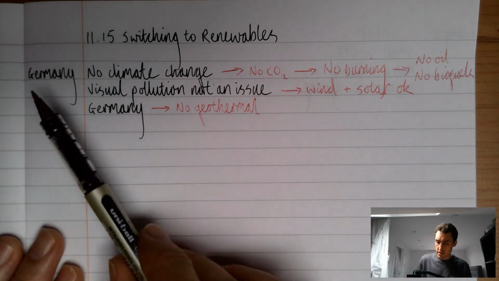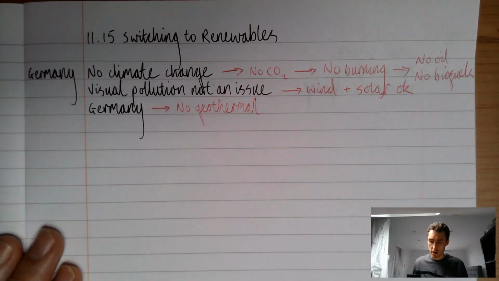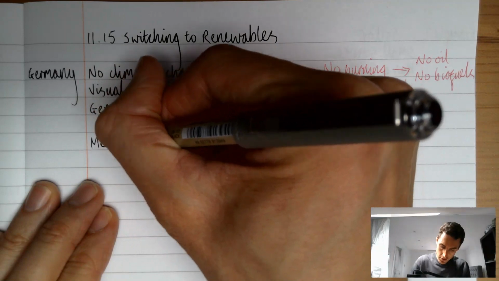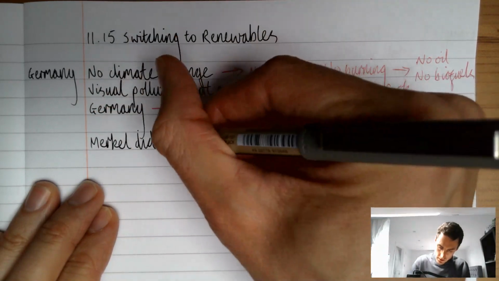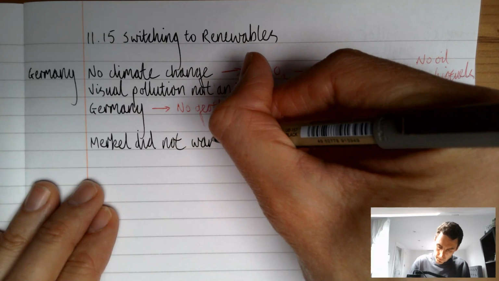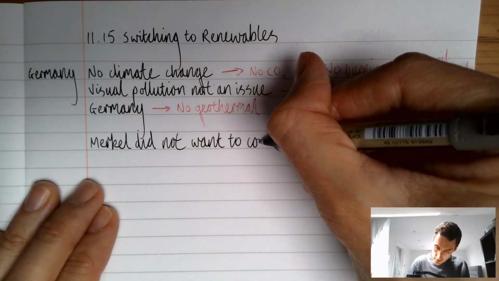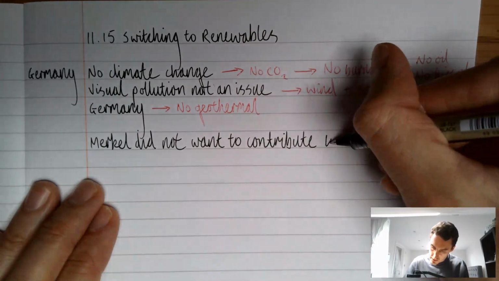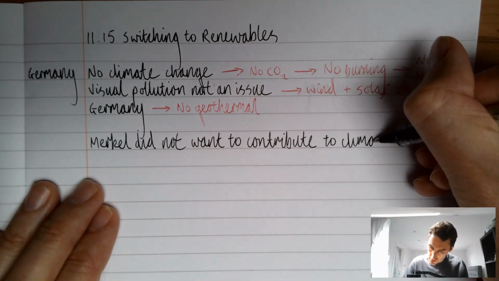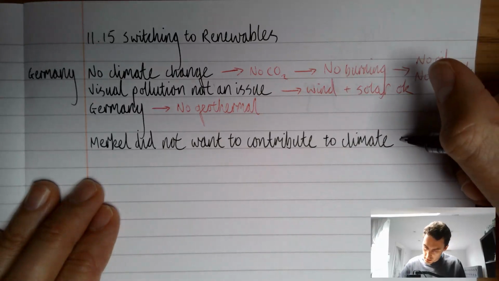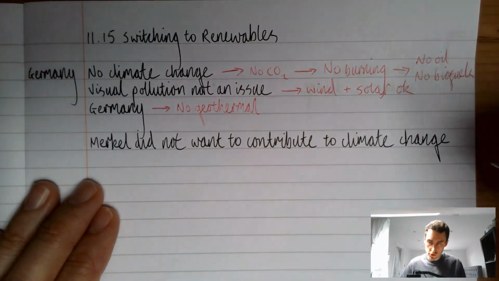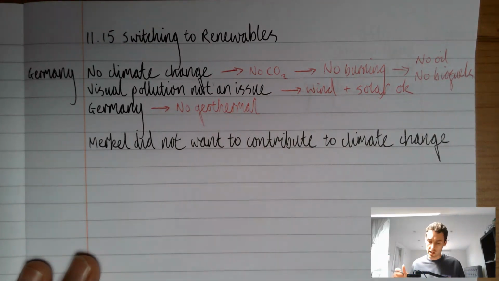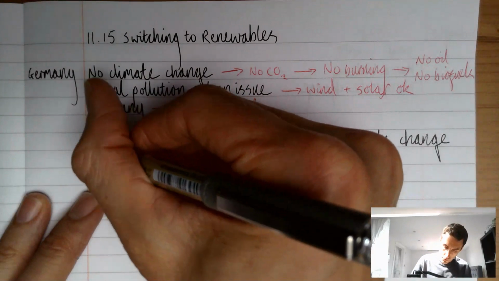So how might I turn this into a full sentence? I might say, Merkel does not want to contribute to climate change, and what I really want to draw students' attention to is if I'm explaining, I need to link that causally, so I'm going to use a word like therefore.